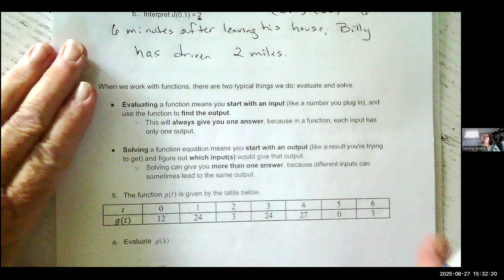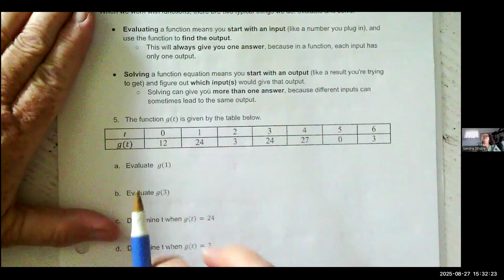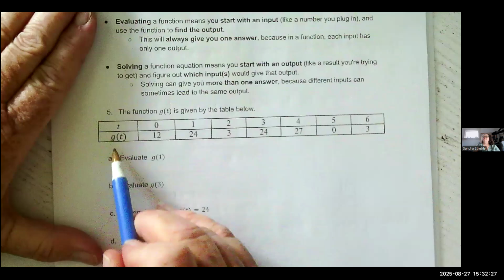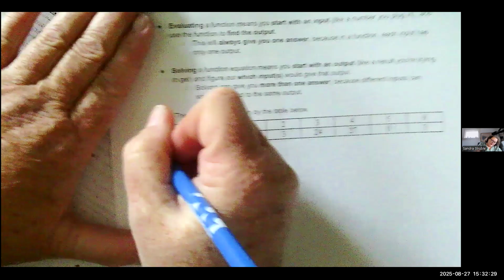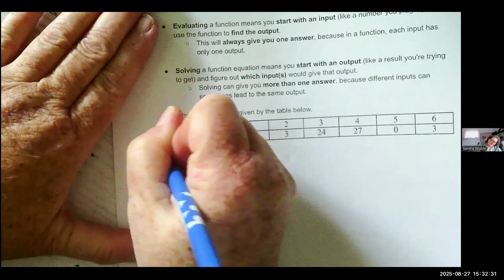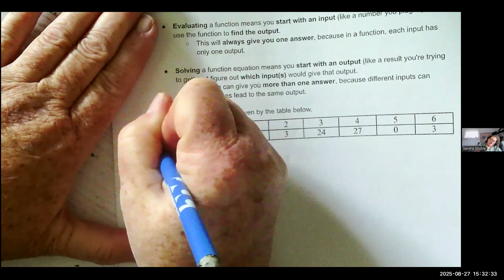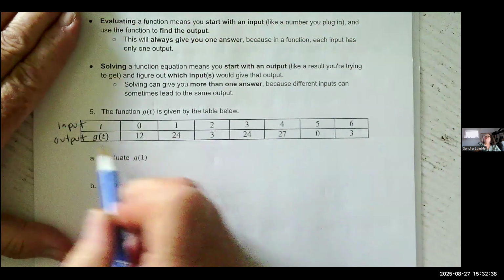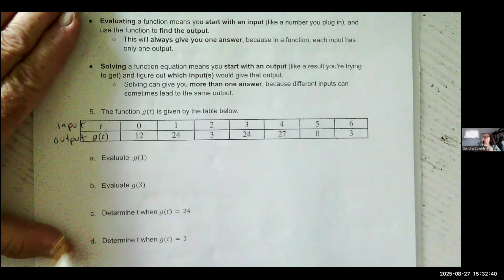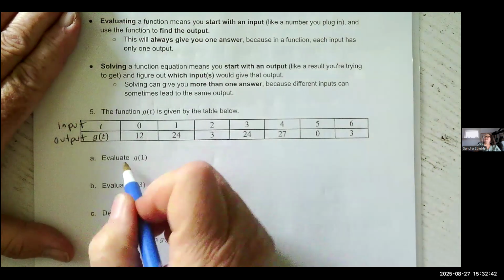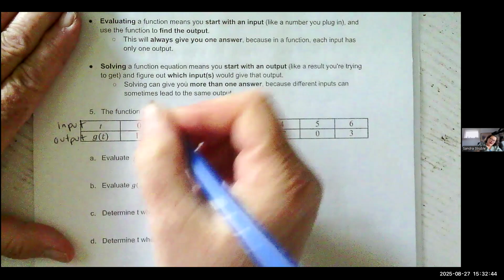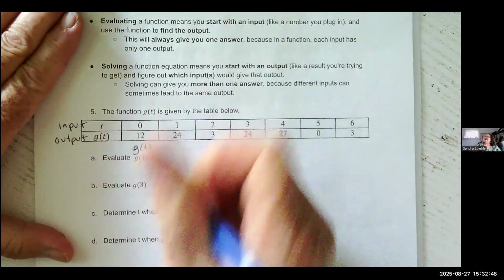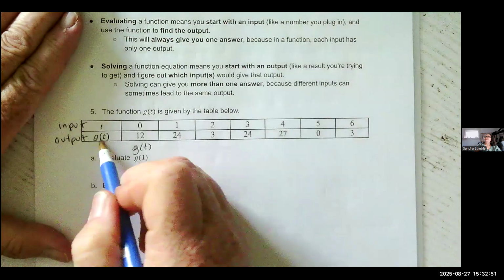Okay. So we're going to look at a table, and you will have one like this on your test. You're given a function g of t. Here's the function, and this is going to be your output. Your input is going to be your t variable. So when you evaluate, you're given the input and you're looking for your output. All right. So g of 1. What I like to explain to people is that this 1 has replaced t in the function itself.